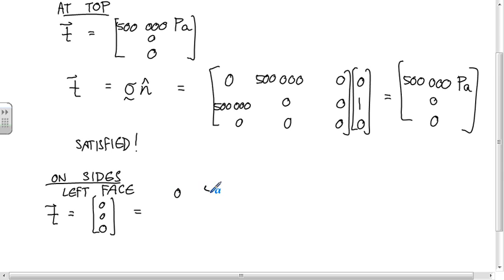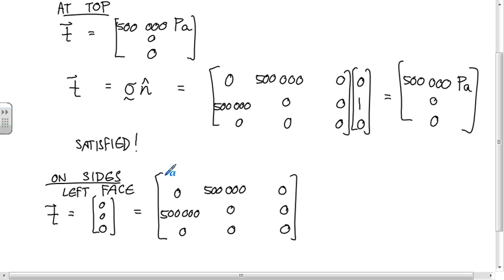So we have 0, 500,000, 0, 500,000, 0, 0, 0, 0, 0. What's the outward facing normal to the side? And that's right, negative 1, 0, 0. Is that what you said? Since we're on the left. So negative 1, 0, 0.